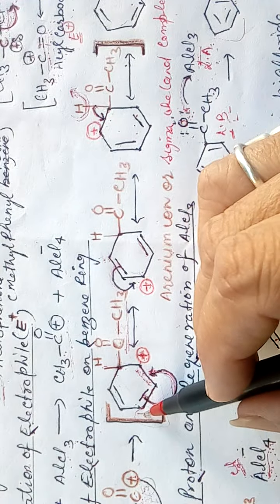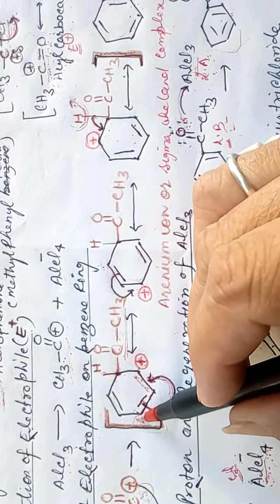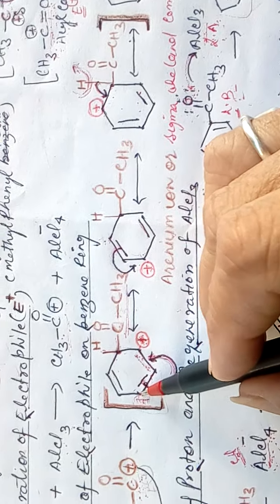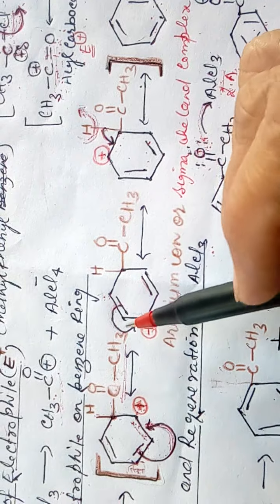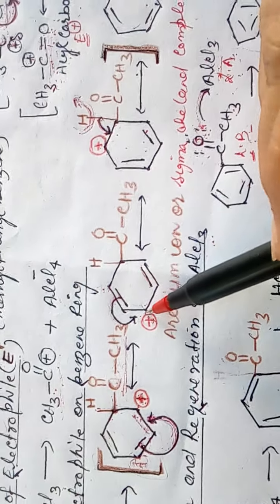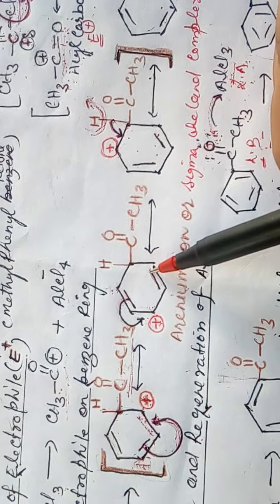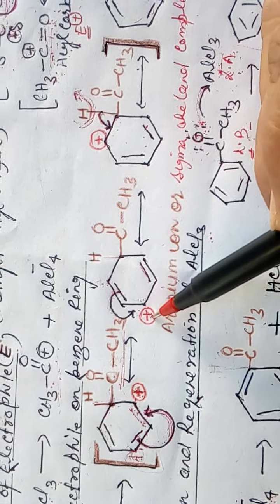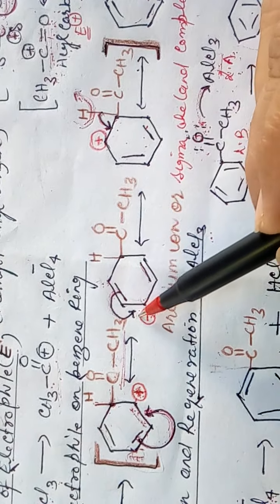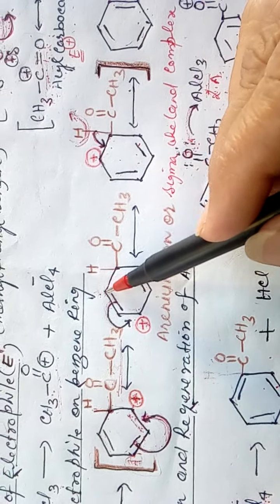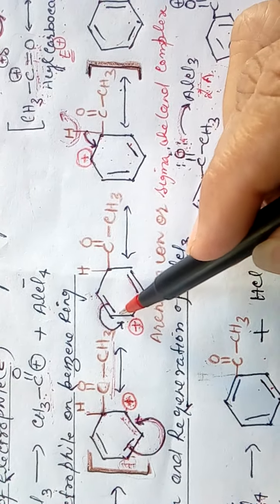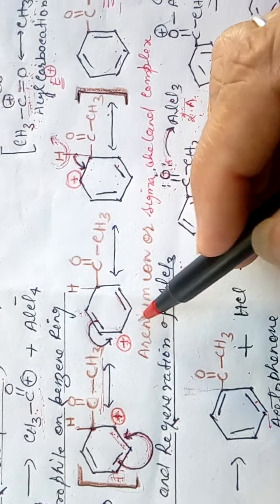And a double bond and positive charge comes on this carbon. Now the second resonating structure will be positive charge here and double bond formed here. Due to neutralizing this positive charge, this double bond shifts towards here and we get positive charge on this carbon and a double bond forms on this.